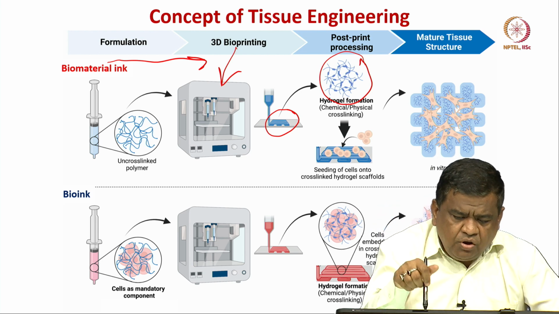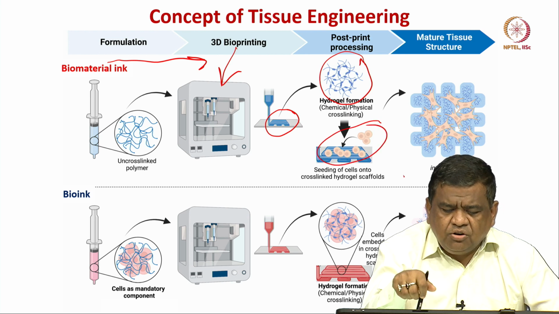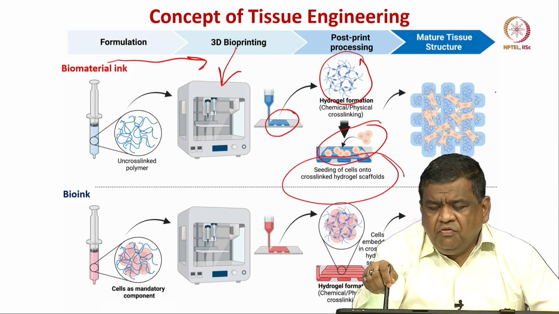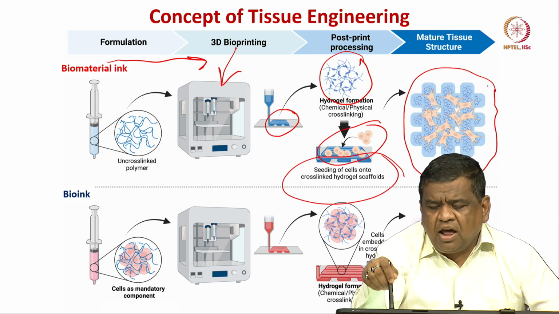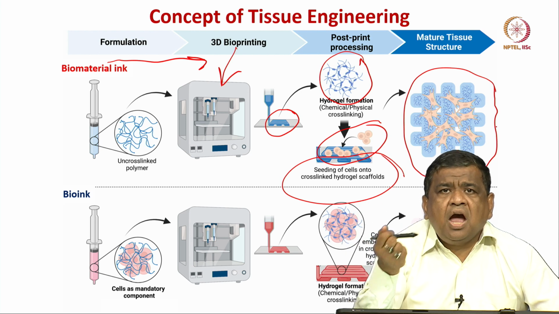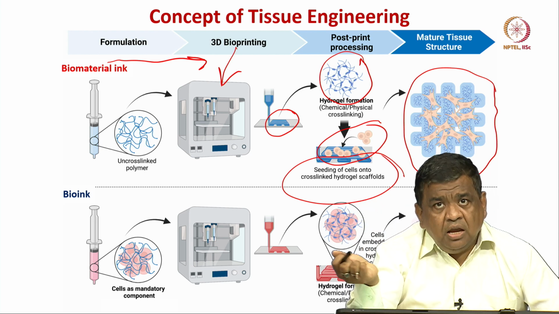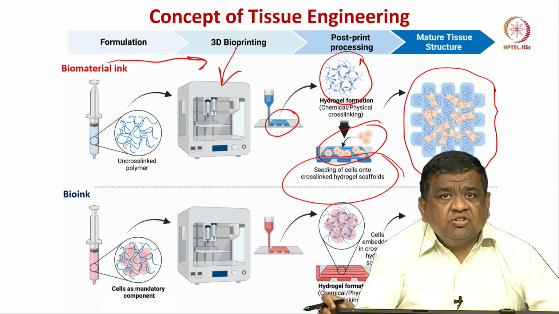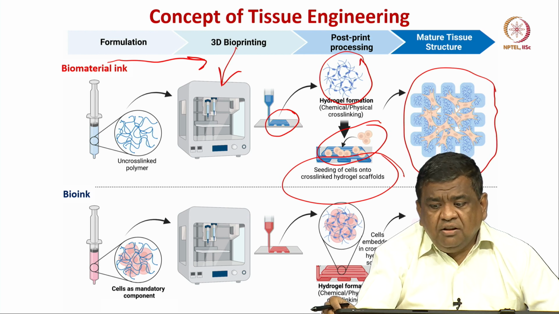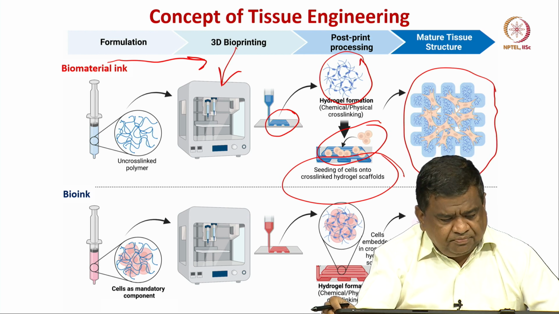Then you grow cells onto it, seeding cells into cross linked hydrogel scaffolds. Then you go to in vitro culture, and you allow these cells to expand, proliferate, and synthesize extracellular matrix, and then you get a tissue-like structure.